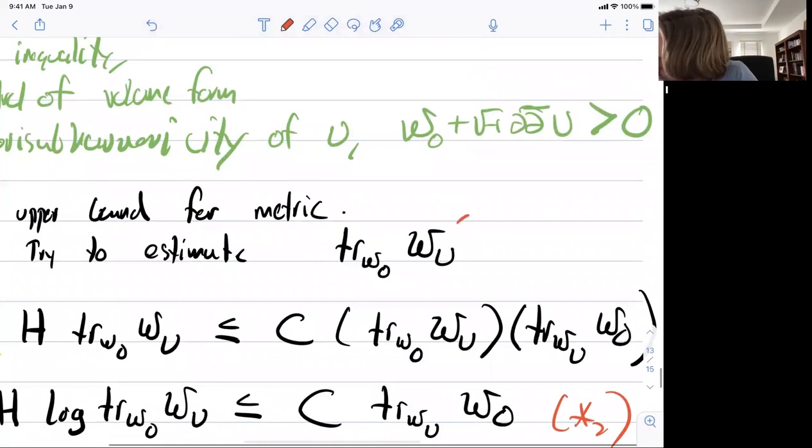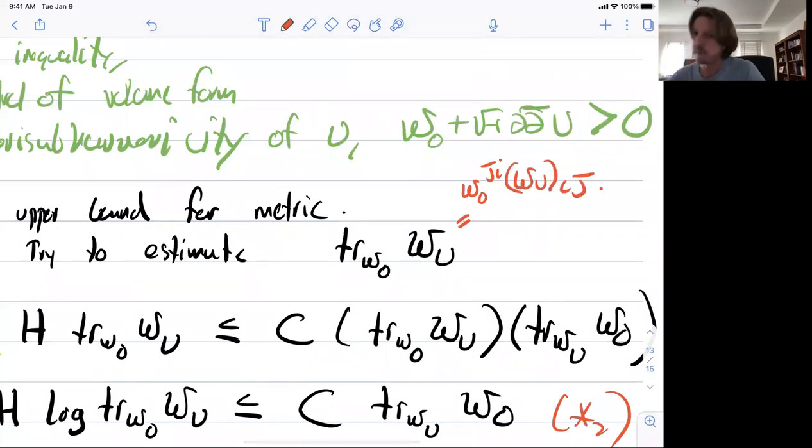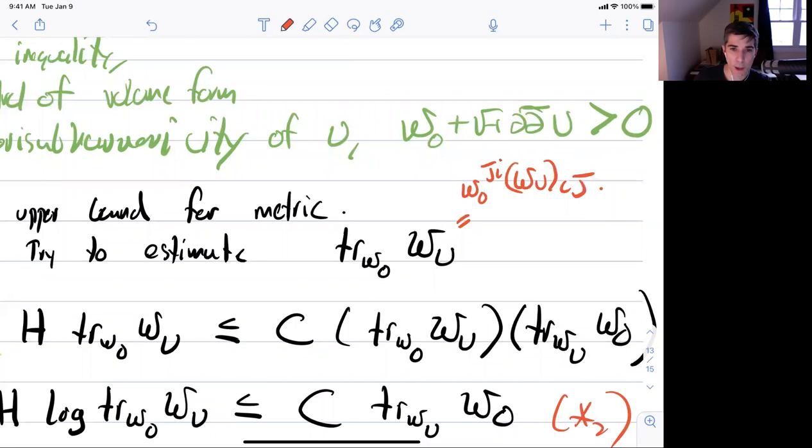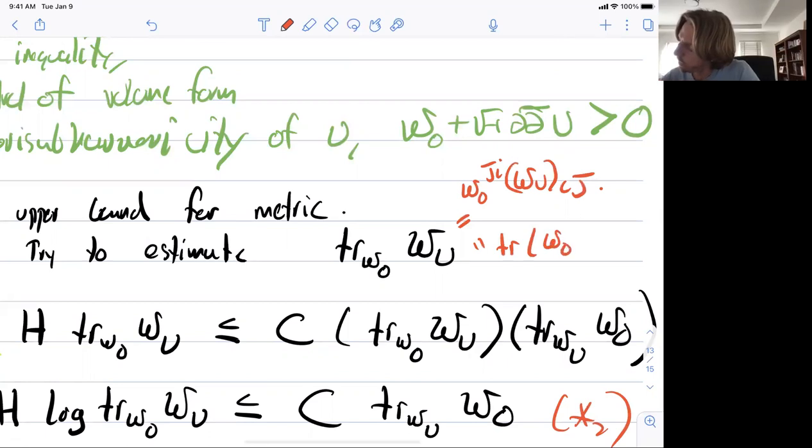In coordinates, this would be omega naught upper j bar i, omega u i j bar. It's an endomorphism of the tangent bundle, and you take the trace: the trace of omega naught inverse omega u.